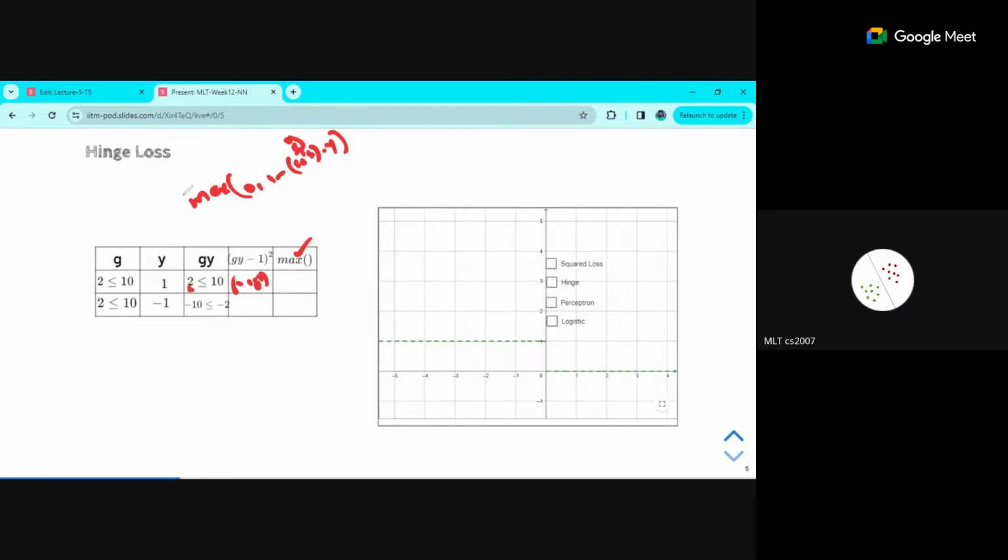But what will be the output from this hinge loss for this interval? Zero. 0 to 9? Or just 0? Zero. Okay, 0. Any other different answer?